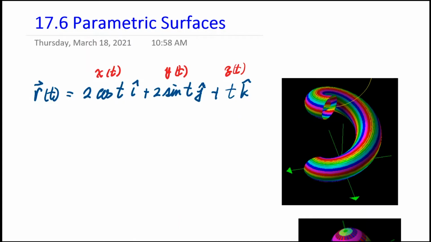So we're going to do a similar thing with parametric surfaces. We'll have some kind of vector function which has u and v in it, two-variable functions, so it has 2 degrees of freedom.